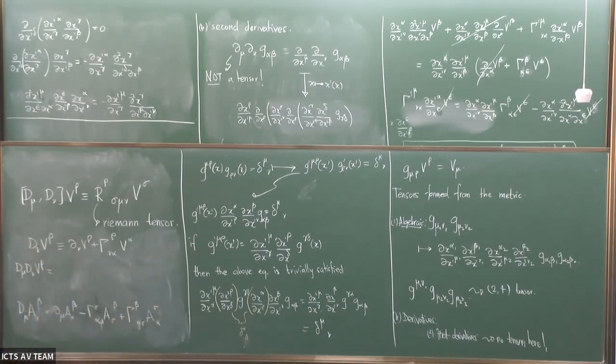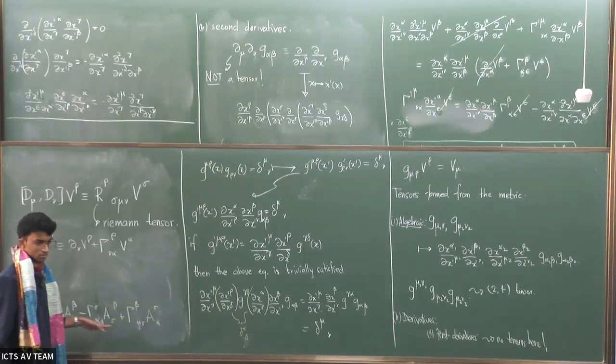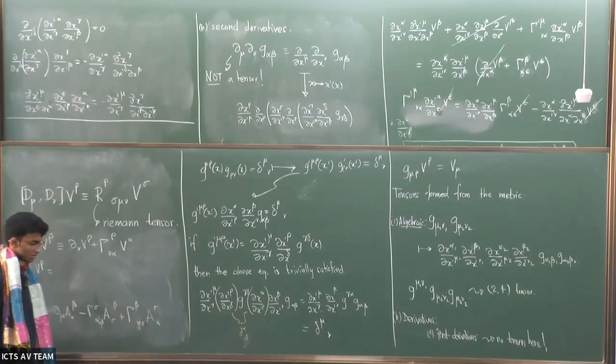This makes sense to you guys? Sigma. Alpha, mu, and beta are the free indices, and alpha, mu, and beta are free indices everywhere.